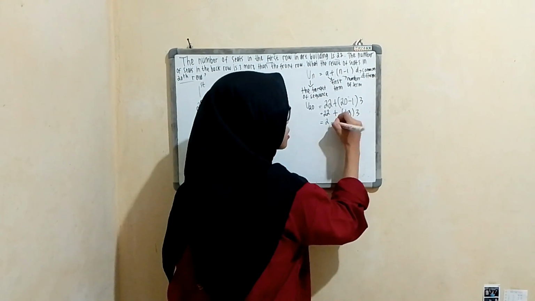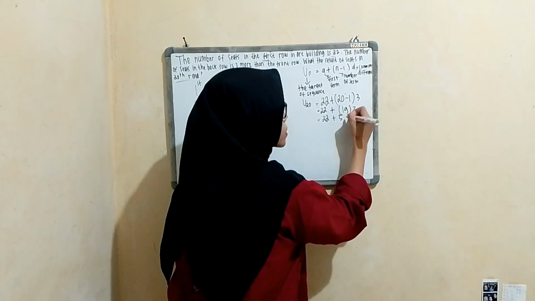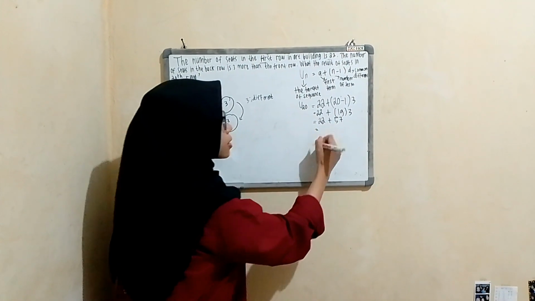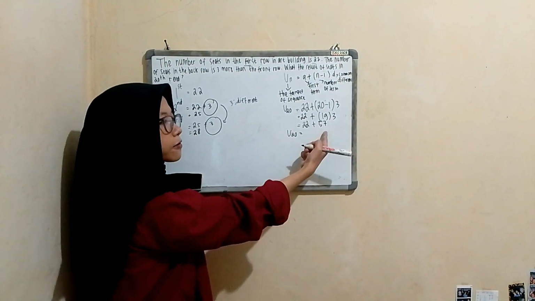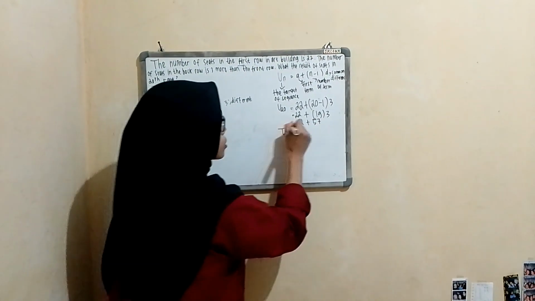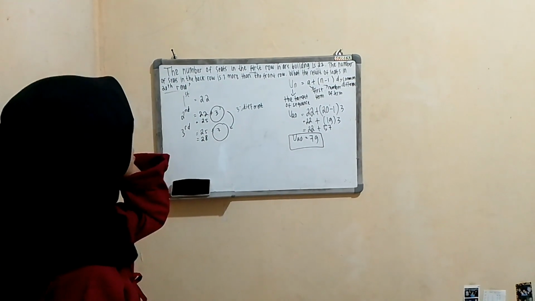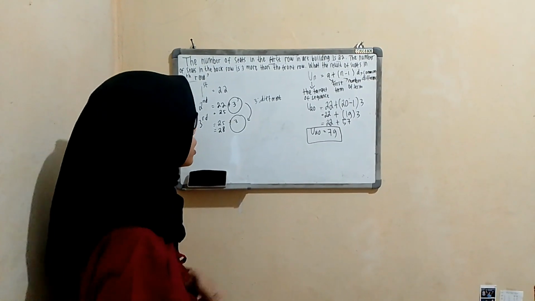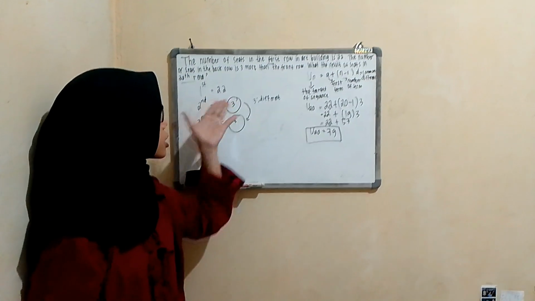So 22 is added by 57, and the result is 79. So the 20th row of seats in our building has 79 seats. So 79 seats in our building in the 20th row.